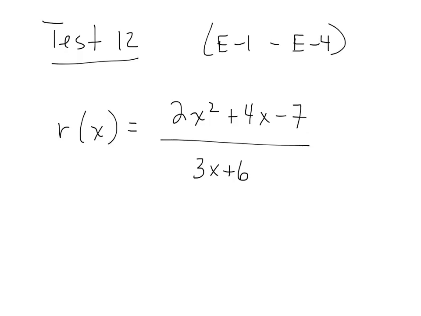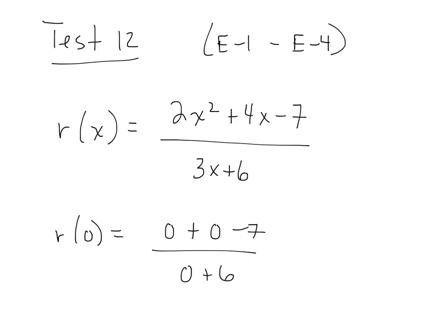Set x to 0. Remember, this is what the y-intercept is. 0 plus 0 minus 7 over 0 plus 6. So really we could look at the ratio of the constants, as always. So it becomes 0 comma negative 7/6. You can write that as a decimal if you'd like. It's probably around negative 1.15 or 1.14, I forget where that is, but a sixth is something like that.